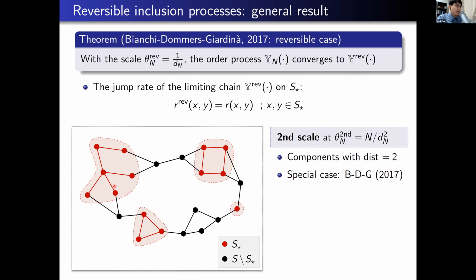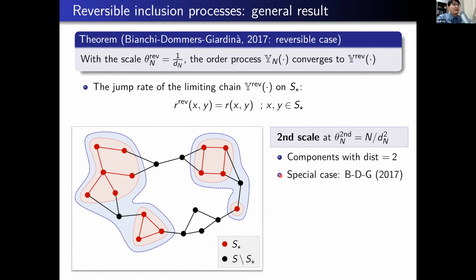So you can jump from here to here, and you can jump from here to here, but you will not jump from here to here because the graph distance is 3. The proof for this appearance of a second scale, along with a very precise analysis, is carried out in the same paper when the graph is very simple of this form. Recently, Kim, who is the moderator of the current presentation, generalized this to any general graph. Right? Okay, so this is the second scale.